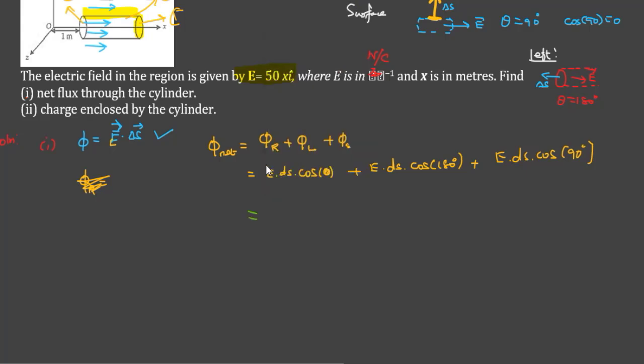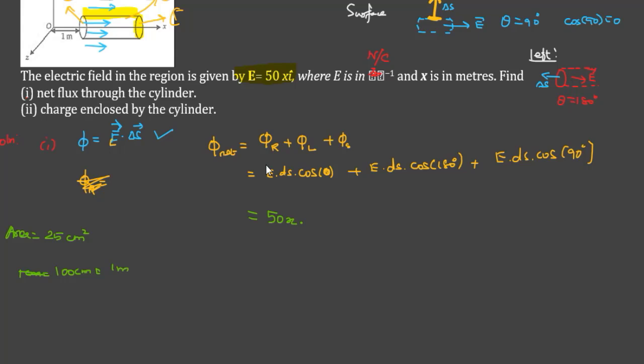The E value is nothing but 50 into x, and the area we need to calculate. The area is already given as 25 centimeter square. We need to convert it into meter square. We know that 100 centimeter is equal to 1 meter.